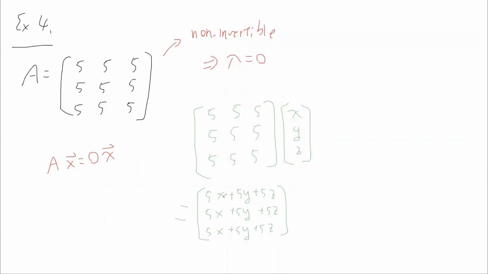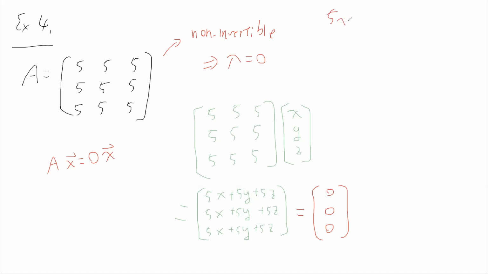This is what we have. We just have 5x plus 5y plus 5z for all three rows. And what do we want them to be equal to? This is the left-hand side of the equation. The right-hand side, we want to be 0, 0, 0. Since all three rows are the same, we can just focus on one row.